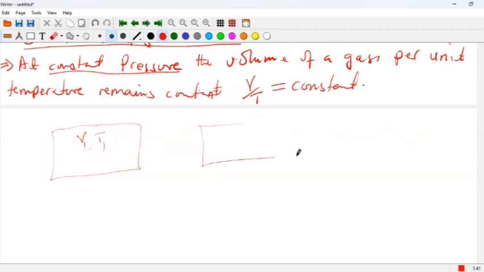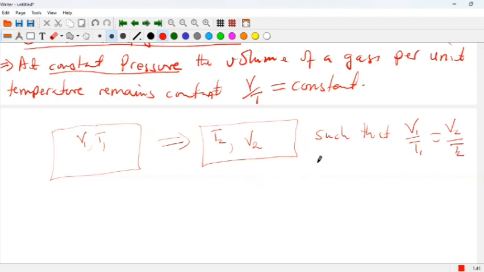Then we have the system where we change T to T2. The volume will also change to V2, such that volume 1 over temperature 1 is equal to volume 2 over temperature 2, as long as this is done at constant pressure.